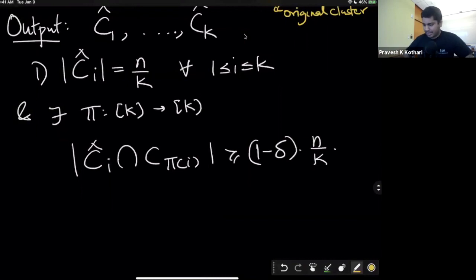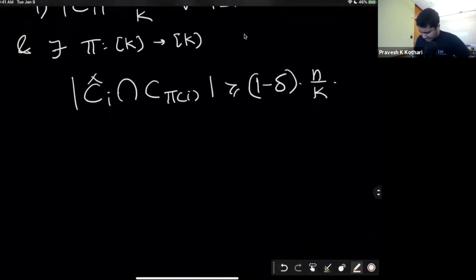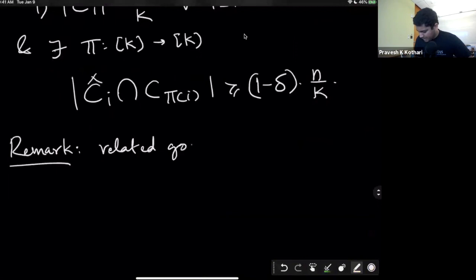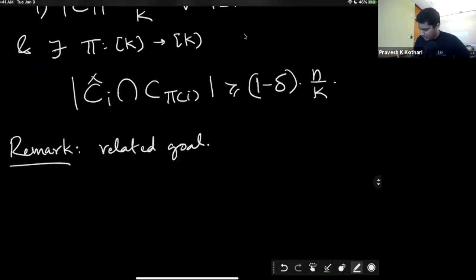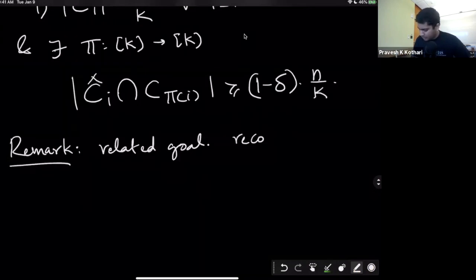Okay, that's our goal. Now, there is a related goal, so maybe let's call it a remark. Instead of just recovering the cluster structure, like recovering the C hat i's, you might want to recover good estimates of the means.